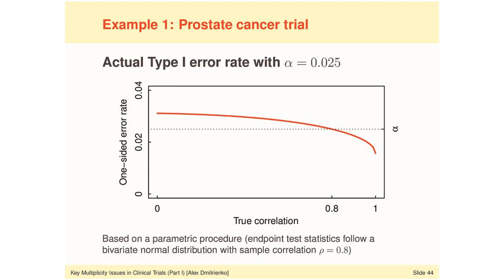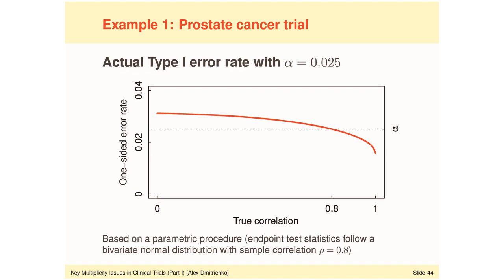As a quick illustration, let us take a closer look at example 1 with 2 endpoints. Let us construct a parametric procedure for addressing the multiplicity problem in this clinical trial with the PFS and OS endpoints. We're going to assume that the two test statistics follow a bivariate normal distribution.